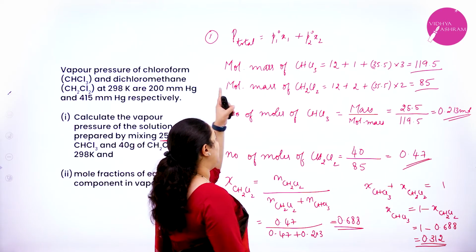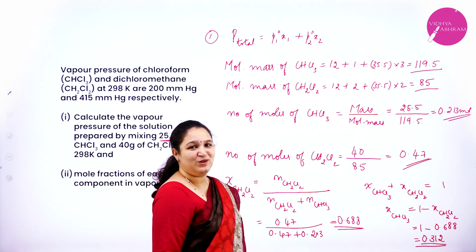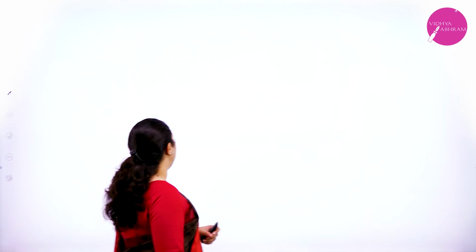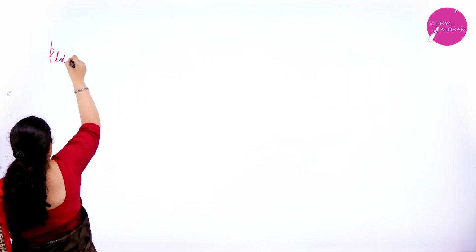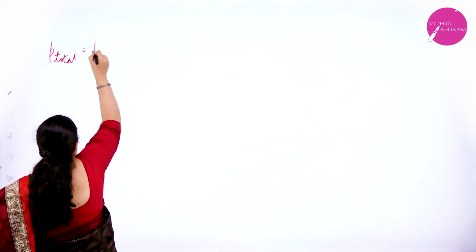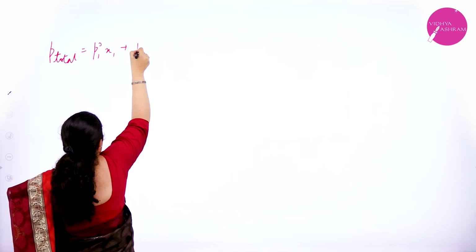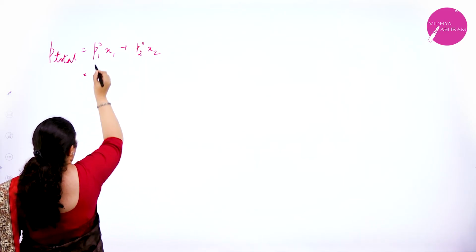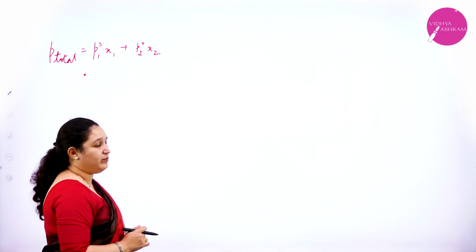Now I shall solve for the vapor pressure when I mix both the components. Okay. So here I shall write again. I got P total is equal to P1 naught x1 plus P2 naught x2, where I am going to take 1 as chloroform, 2 as dichloromethane.